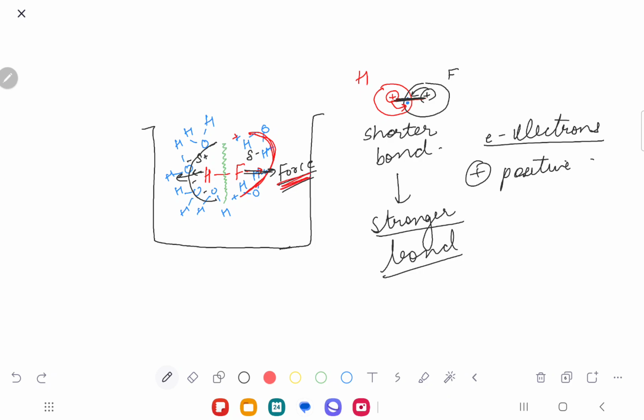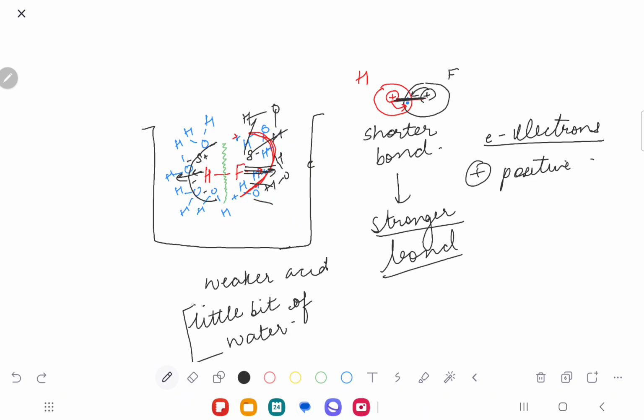But to apply that much force, we need lots and lots of water molecules. Not just one H, we have H and H and O. So lots and lots of water molecules will be pulling it apart. Right. So, here, if I say for a weaker acid, if you add a little bit of water, isn't it?